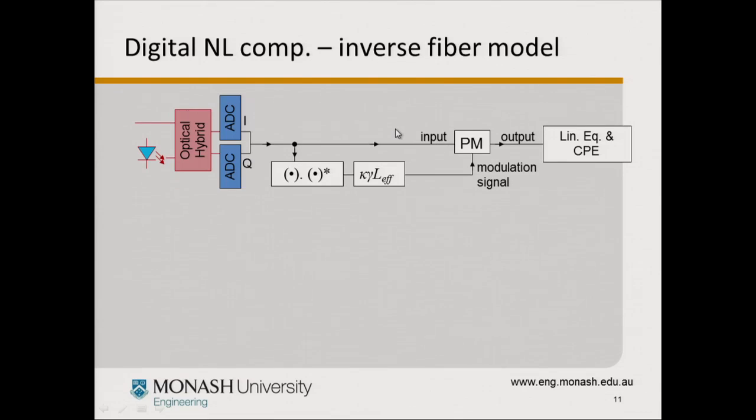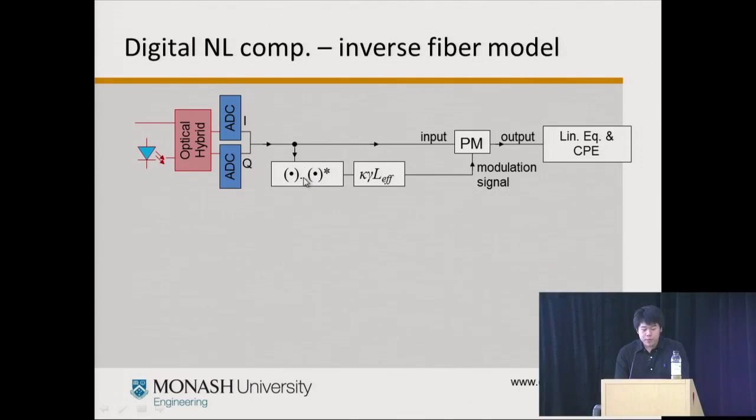So I've effectively swapped the optical circuit diagram for more signal processing things, where this is the signal multiplied by the conjugate to get the power, then you scale it by some factor, and then you take the original signal and multiply it by e to the negative j x, where x is the compensation signal coming through here, and that's followed by a linear equalizer.